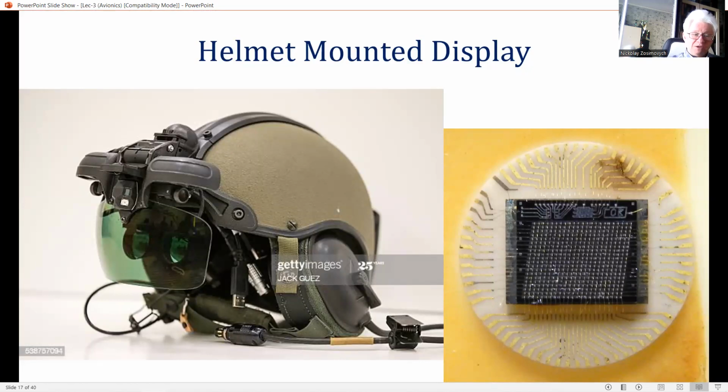There can be problems with what is known as monocular rivalry. This is because the brain is trying to process different images from each eye, and a rivalry can occur between the eye with a display and the eye without.